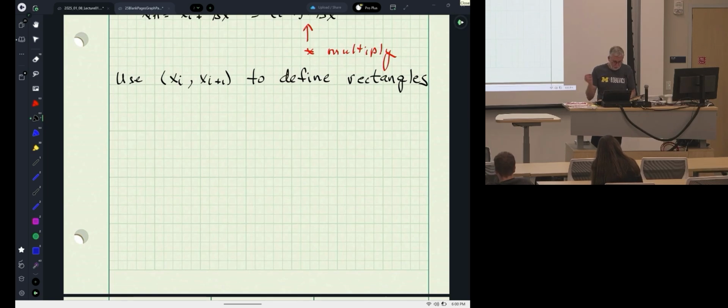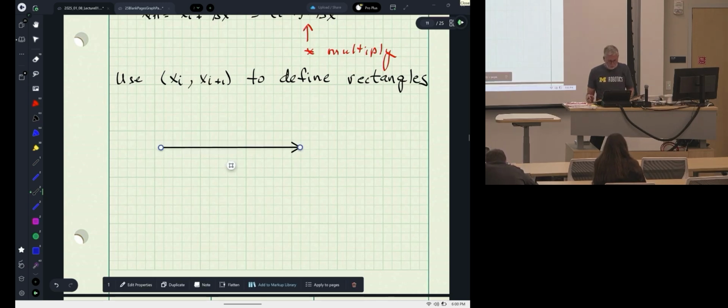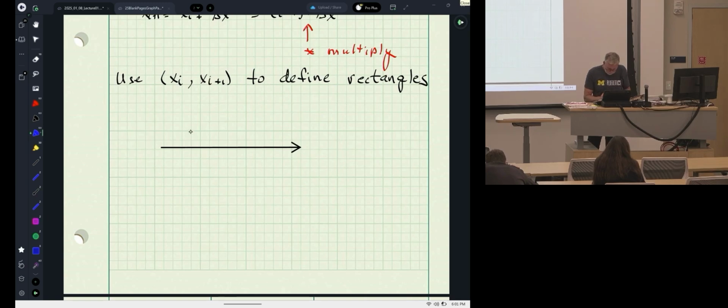Okay, and I'm going to do a little blow up here. And I'm going to deliberately not make the curve equal to a straight line so that you understand that what we're doing here is going to apply to more general things.